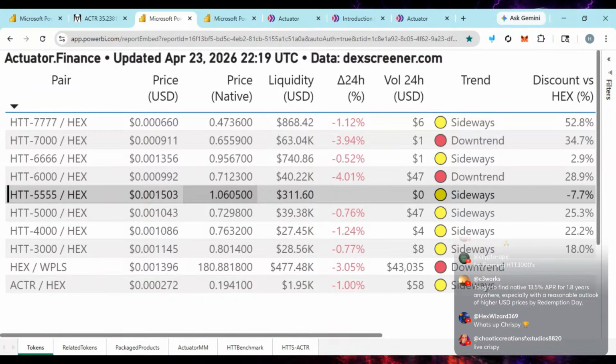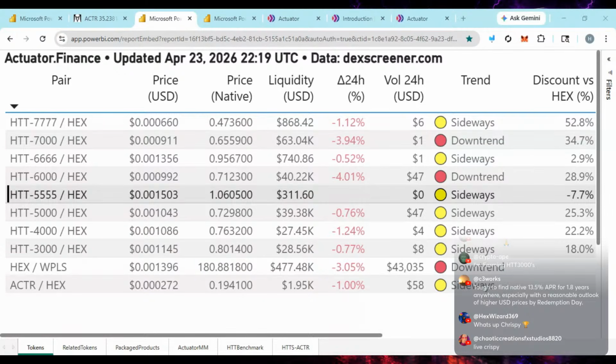Someone could make a new HSI stake for, let's say, 10,000 HEX. They can mint their HTT 5555, immediately swap it for 10,000 HEX, minus fees and that kind of stuff, and make a second stake for 10,000 HEX. You see, I hope that's clear, right?